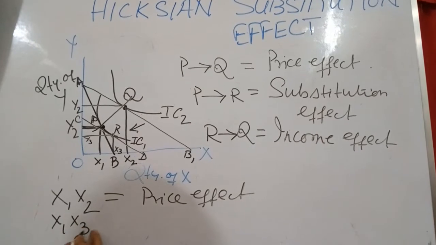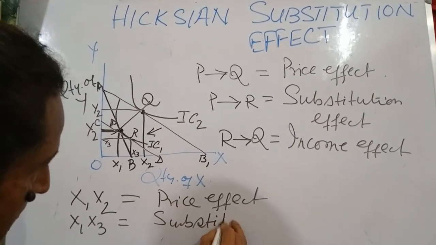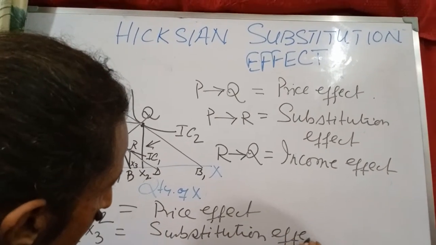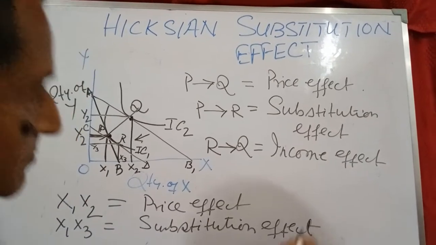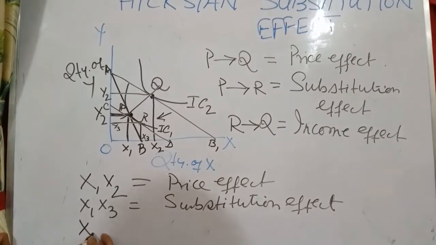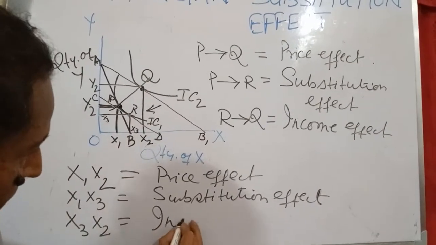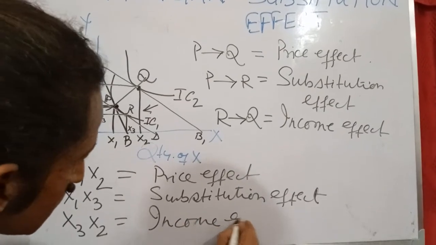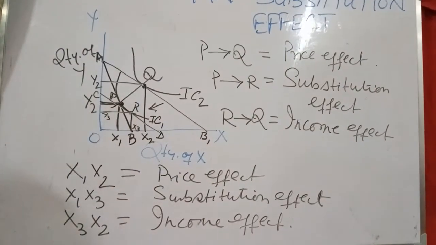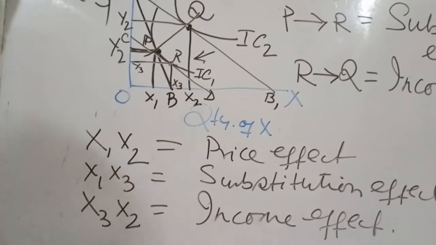X1, X3 is equal to substitution effect. And X3, X2 is equal to income effect. Okay. This is all about Hicksian approach to substitution effect.